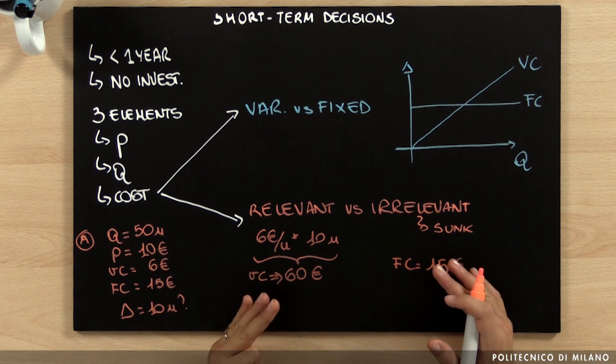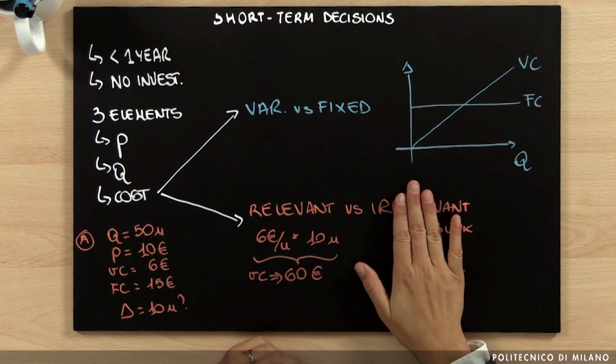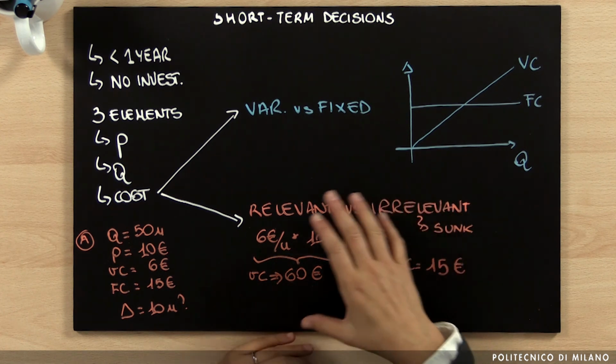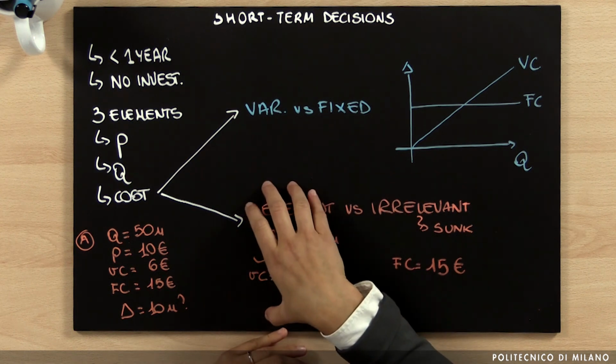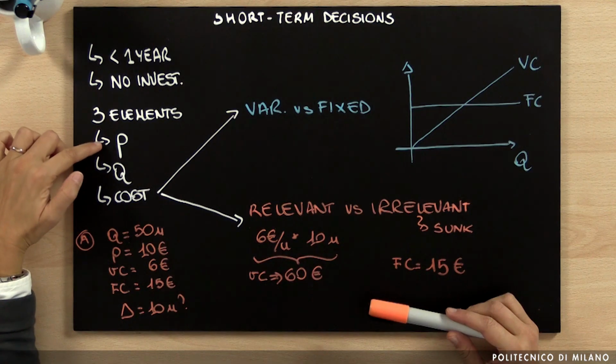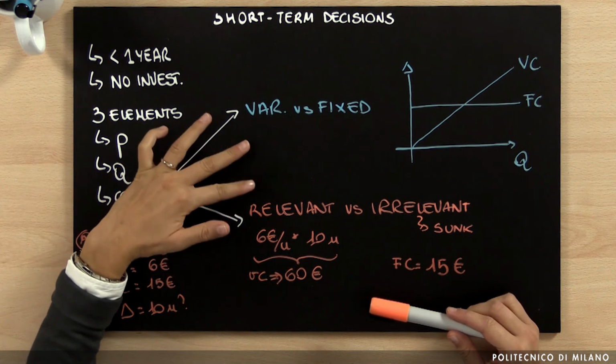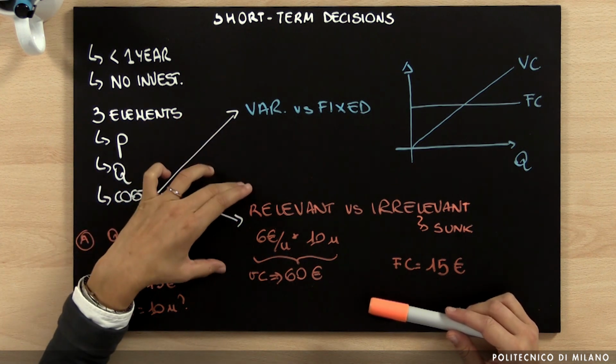This classification is important because when we deal with short-term decisions, we need not to consider the irrelevant costs. Our focus should be only on the relevant ones. So basically, when we deal with short-term decisions, the only elements that we need are the price, the quantity, and the costs with reference to these two classifications: variable versus fixed, and relevant versus sunk costs.